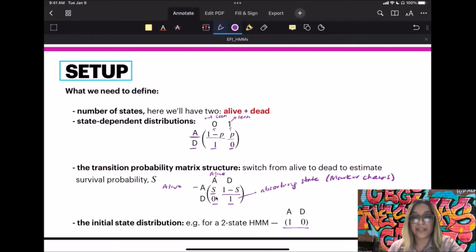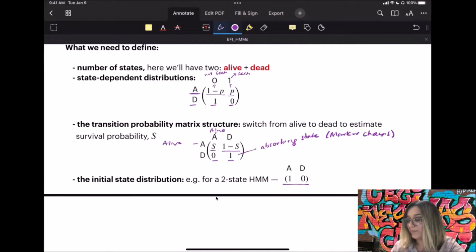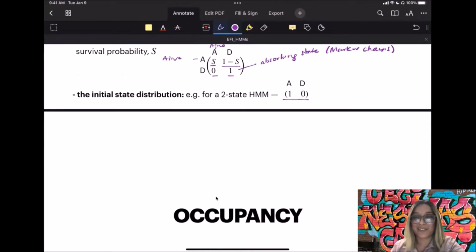So we can already see some slight differences in how we apply hidden Markov models to capture versus animal movement. You can also increase the number of states, where you can have different alive states or different states that correspond to different phenomena as well. But there's typically only one death state. I say typically because I don't do capture-recapture.